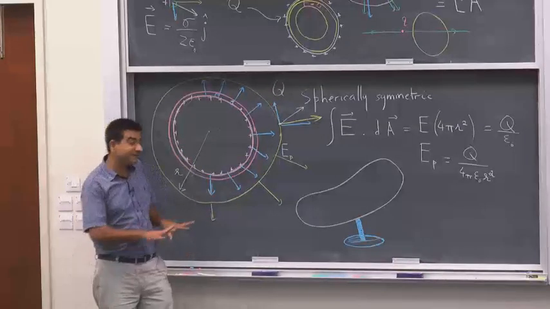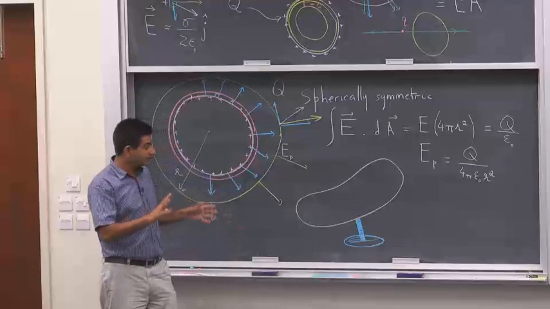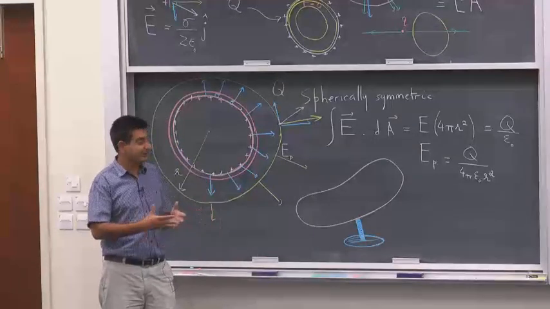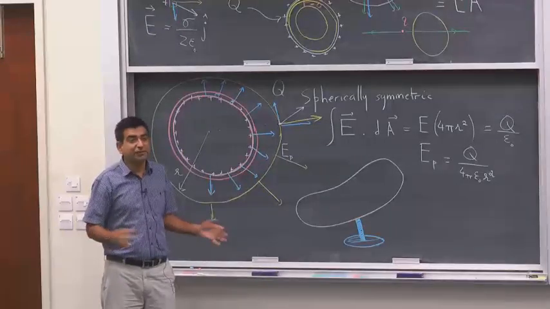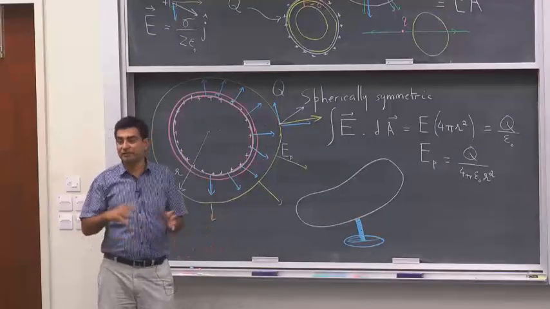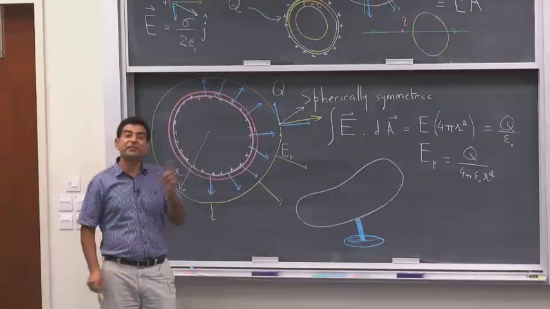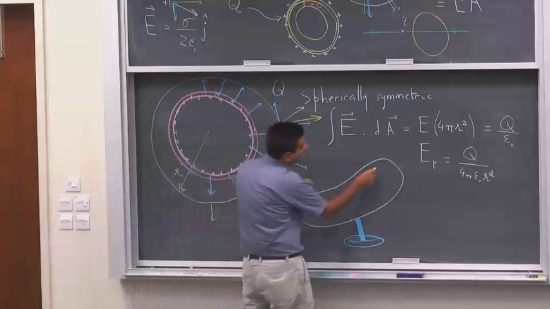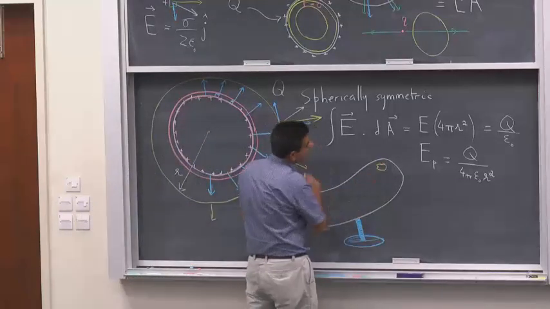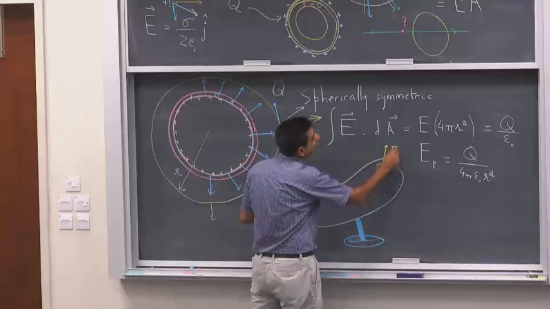But in this case, since the medium is not uniform, it's not a nice spherically symmetric object, it's a mango shape. Therefore, the charge will not equally distribute itself on the surface. However, since the electric field has to be zero inside, on the surface, if I take any point on the surface, any small patch, the electric field is going to point normally to the surface.